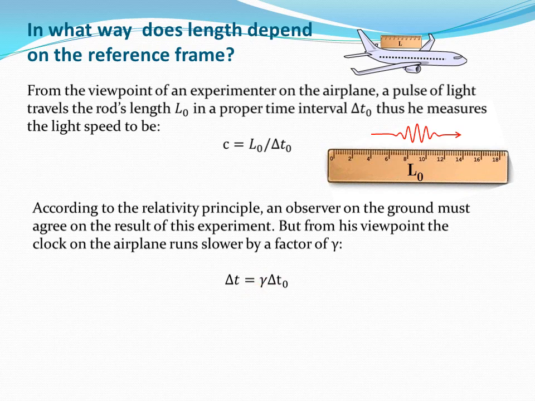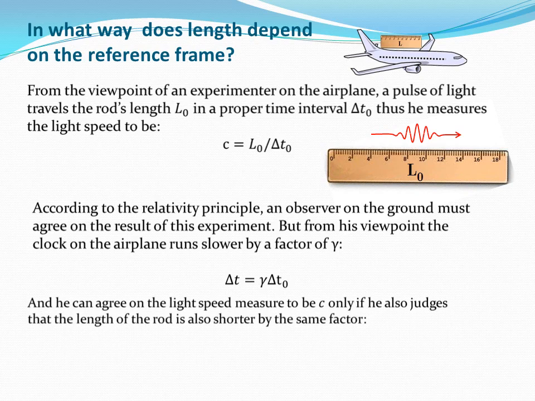Ora, l'unica possibilità per l'osservatore a terra di essere d'accordo sulla misura di c fatta a bordo dell'aereo è che, vedendo il tempo trascorso minore perché l'orologio va più lento, anche la lunghezza attraversata deve essere più corta nel suo giudizio. Therefore, he can agree on the light speed measure to be c only if he also judges the length of the road shorter by the same factor.